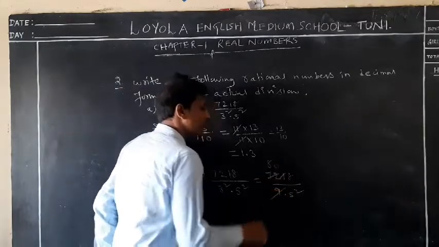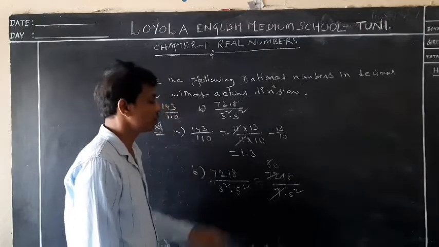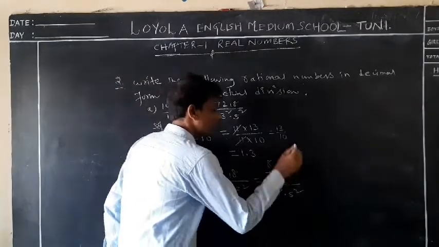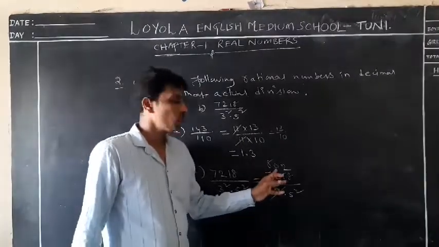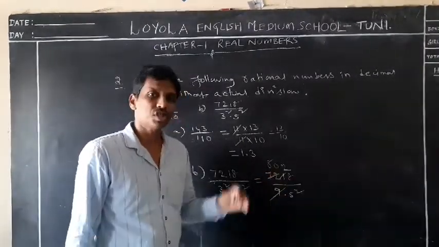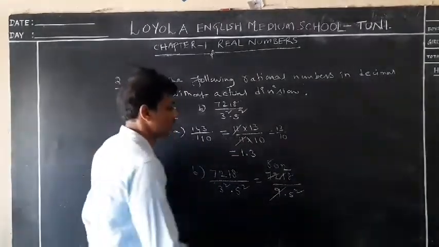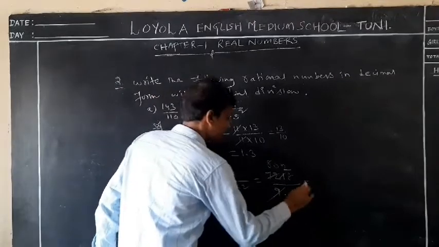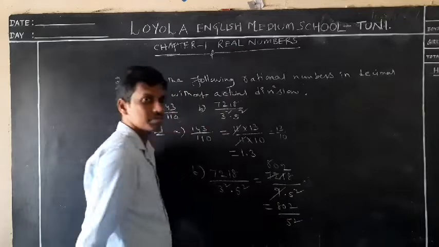Now 0 times. 9 2s are 18. So, but don't make a mistake here. 802 times. It is possible. So the value of this is 802 by 5 square.